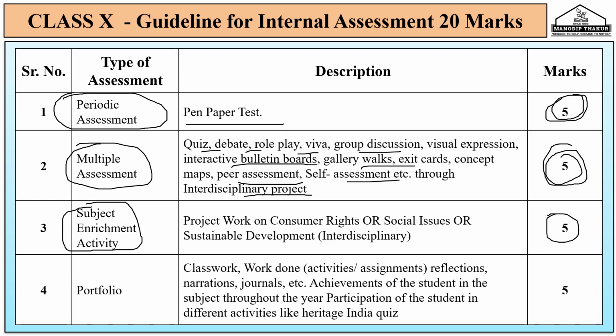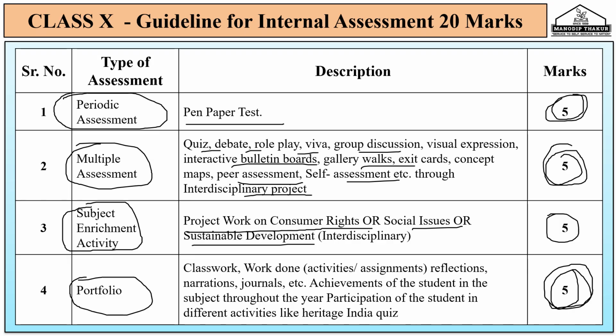Then 5 marks will be for subject enrichment. In this project work you have to do, for example, from economics the fifth chapter Consumer Rights, or other topics may be given by the subject teachers. And last, you have a portfolio, meaning your throughout-the-year activity: classwork, reflections, narrations, journals, how you are maintaining your notebook, achievements of the student in the subject throughout the year, and participation of the student in various activities related to social science, such as heritage quizzes.